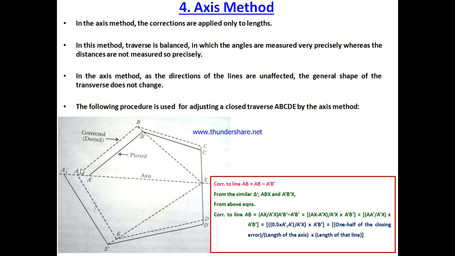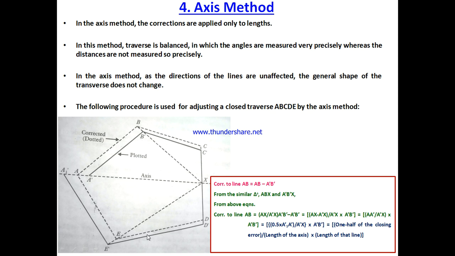In this manner you can see here, now after getting the traverse, please look at the dotted portion. The dotted portion is now the traverse A, B, C, D, E, again A. We determined the error A dash A1 dash, and then distributed this error over the lengths of the traverse lines in such a manner.